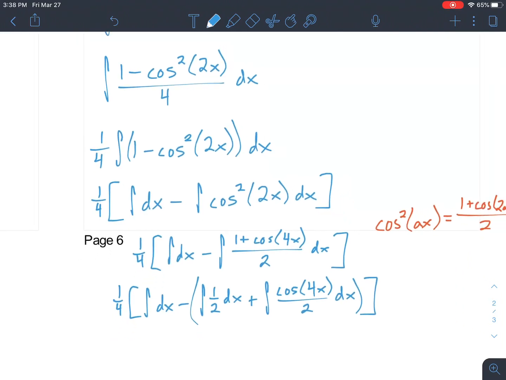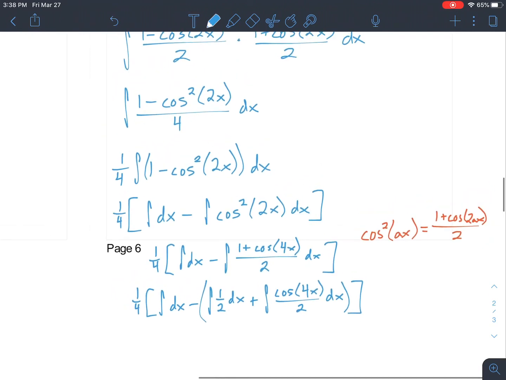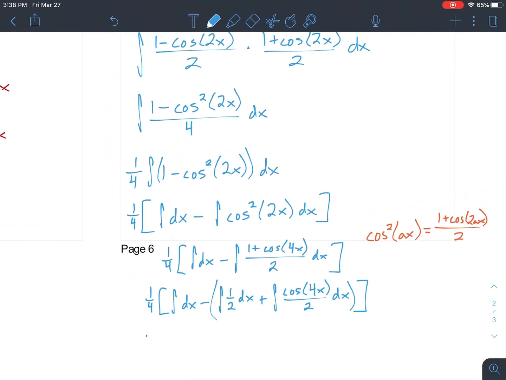Okay, now let's start integrating. So the first part, as I said before, integral of dx will just be x. Now the integral for the 1/2 dx is going to become x over 2. And then we are going to add, and this part here, let's be very careful when we're integrating this.